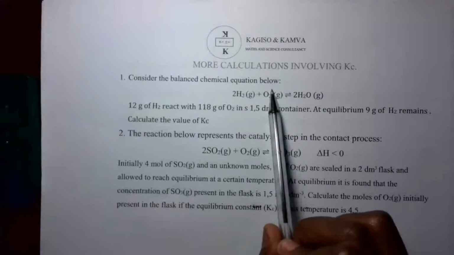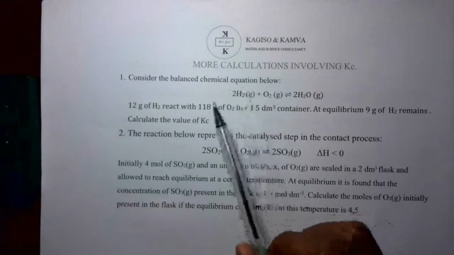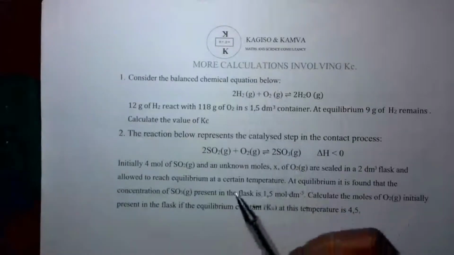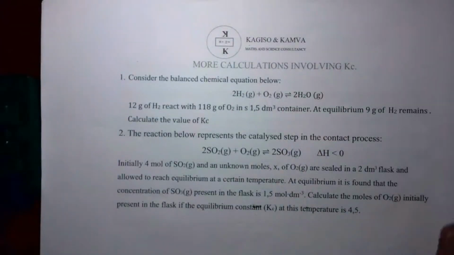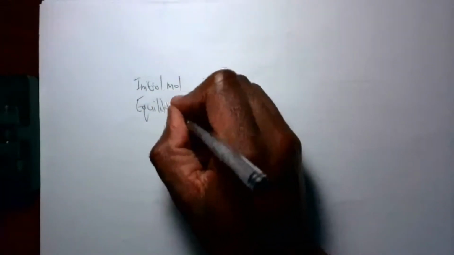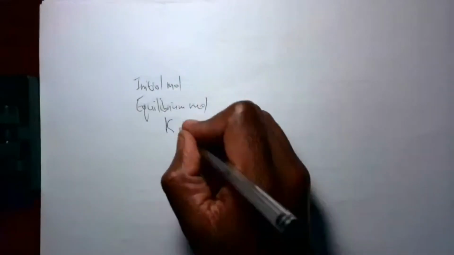Okay, good people, before we can continue with this problem, there is something that I want us to discuss for today. Let me give you an overview of what we are going to be doing. Our calculations will be like this. We'll be provided with the initial moles, the equilibrium moles, and KC.